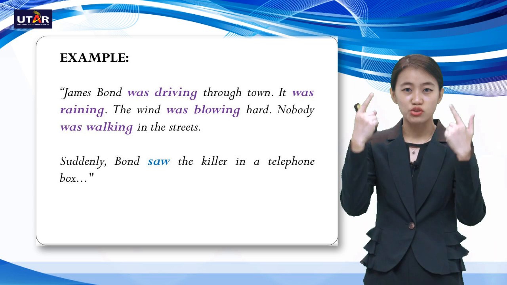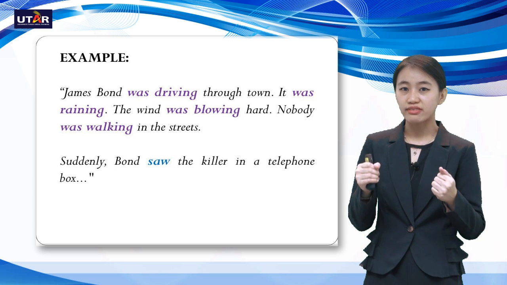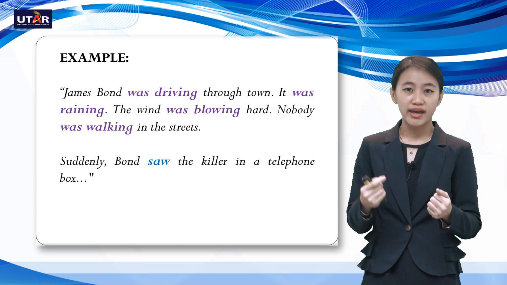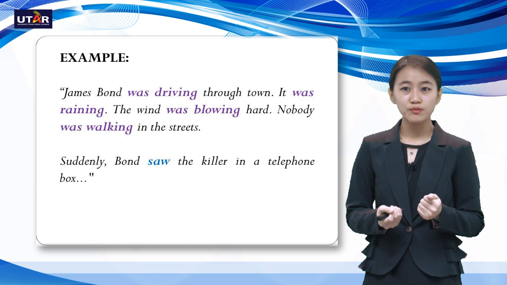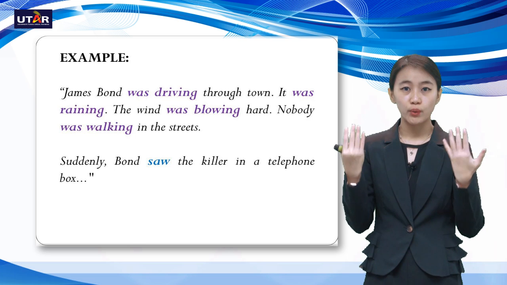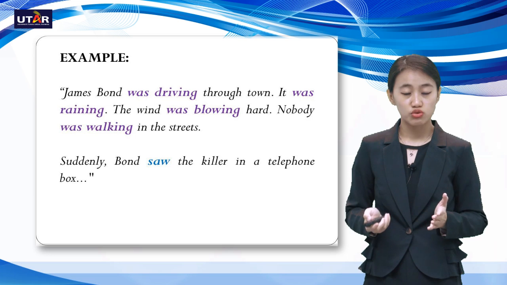So in your image, you see a man driving through town, and at that moment, it was raining. All right, so you have that image in your head, a man driving through the town, and it was raining, and wind was blowing, right? And nobody was walking in the streets.